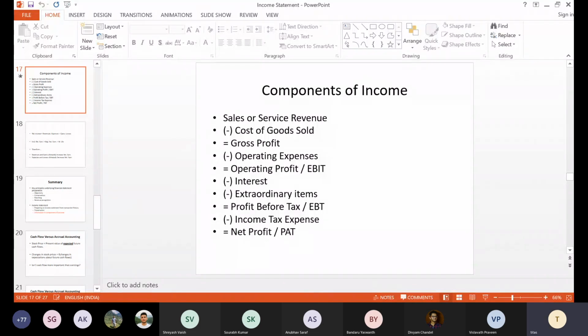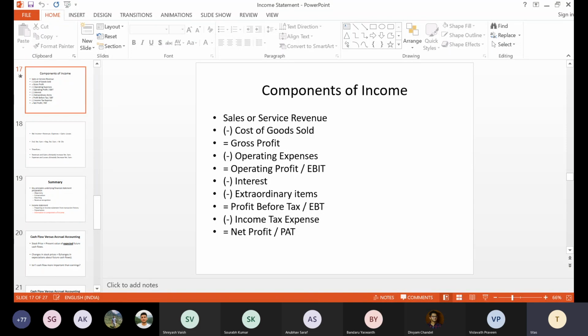Then after deducting the interest and extraordinary items, we get the profit before tax, or earnings before tax. So why do we present it this way? Why not club everything together, just like expense? Why is there a cost of goods sold, then operating profit, then profit before tax, and then profit after tax?